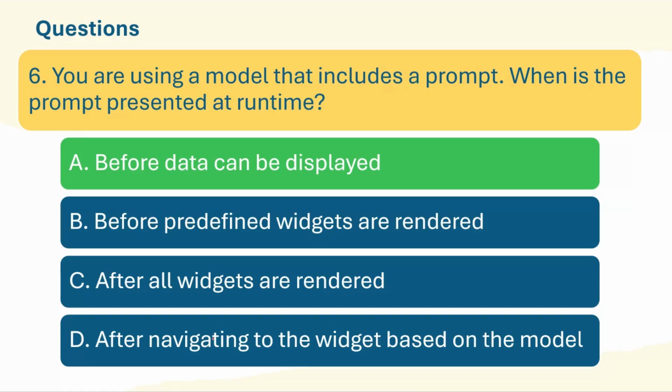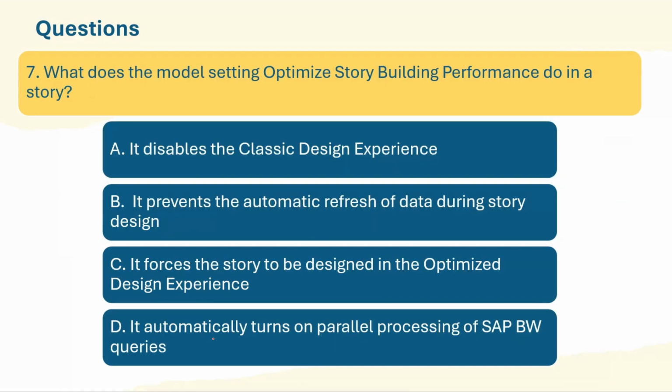Question number 7. What does the model setting optimize story building performance do in a story? It prevents the automatic refresh of data during story design. As you remember, in the model preferences there is an option, optimize story building performance. If you have data connected through a live connection, for example, the data keeps trying to refresh every now and then.